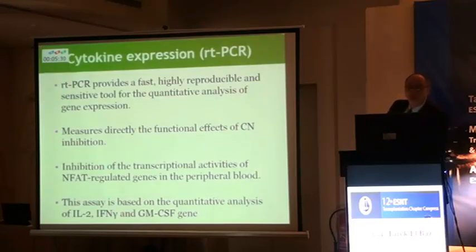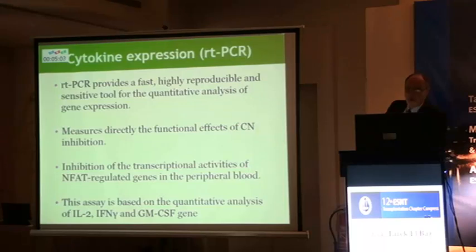The last methodology I'm addressing is the reverse transcriptase polymerase chain reaction, and this provides a fast and highly reproducible and sensitive tool to quantify and analyze the gene expression. So by this methodology, we're able to accurately measure directly the functions of calcineurin inhibitors by assessing the genes by this technique.